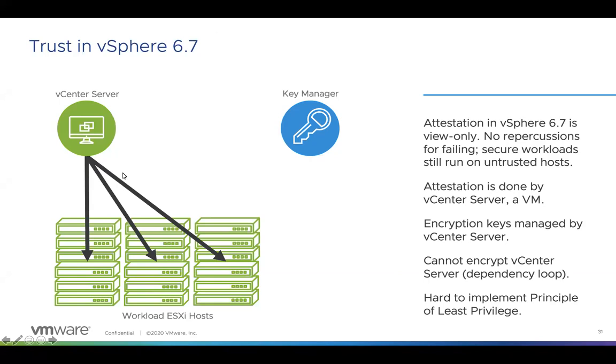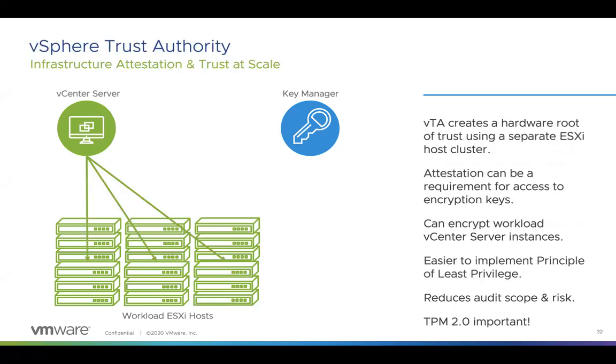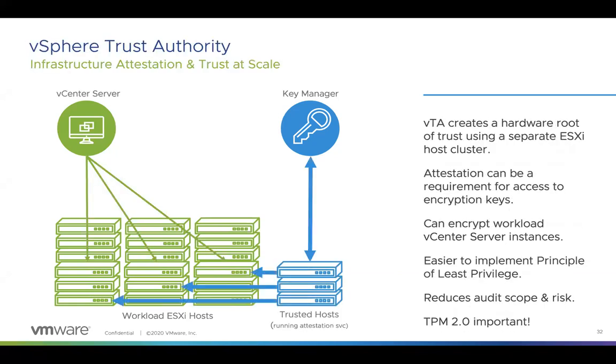Now in 7.0, we introduce vSphere Trust Authority, which ensures that you can encrypt workloads, even the vCenter Server instances also. It will reduce your audit risk and all the security issues which were earlier exposed because you couldn't authenticate or encrypt the vCenter Server.